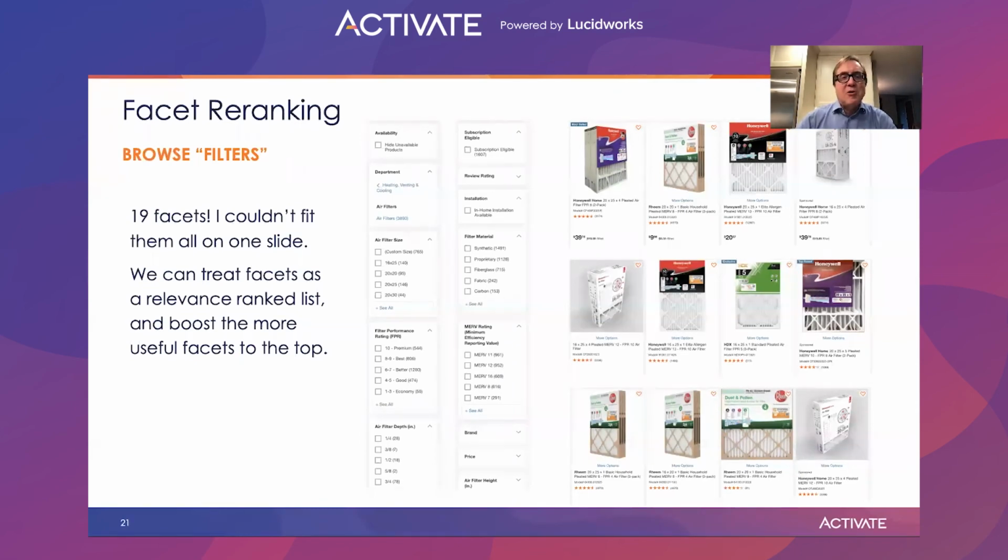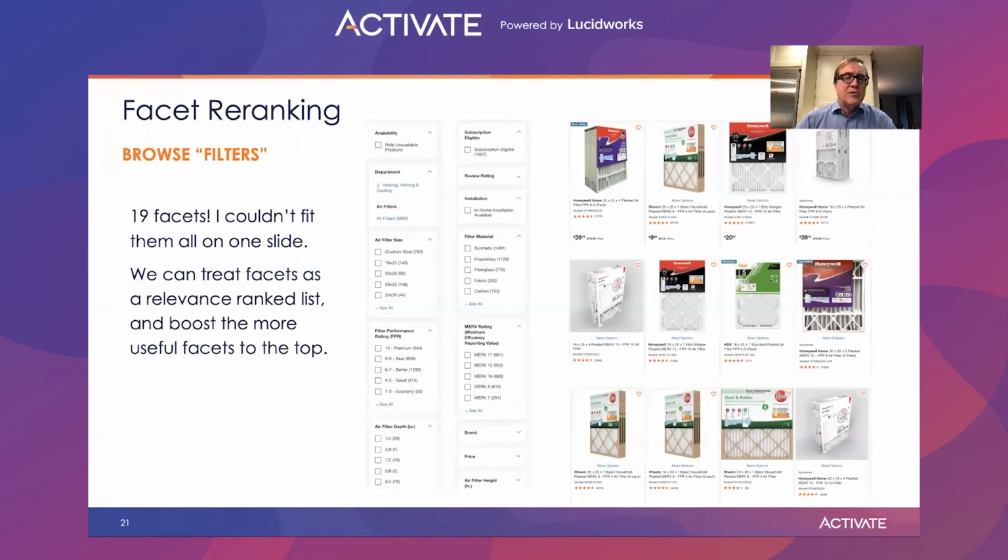I couldn't fit them all. I'm showing you a chunk of them, but there were 19 facets on this response. And boy, that's a lot of scrolling to see what all the choices are for narrowing down these results. And of course, this matters when you have a lot of products. You can see by the facet counts here that we've got hundreds and hundreds of these filters to consider.